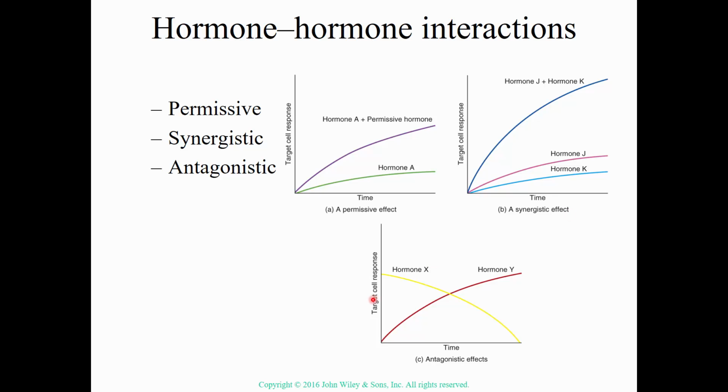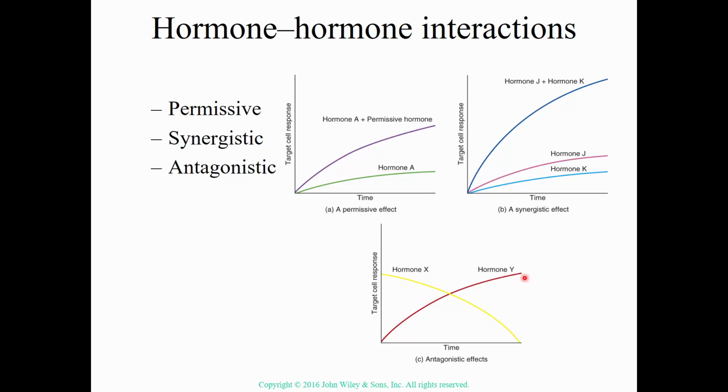Sometimes hormones are antagonistic. So if hormone Y increases, then let's say that's glucagon, then blood glucose level goes up. Hormone X lowers blood glucose level. So if hormone X goes down, that would raise blood glucose level.